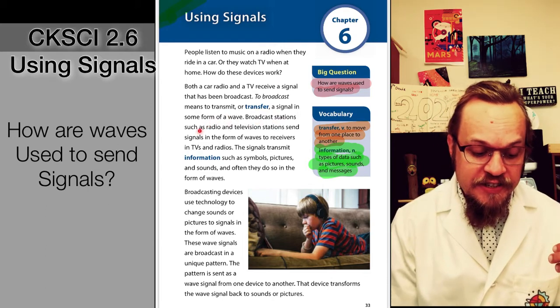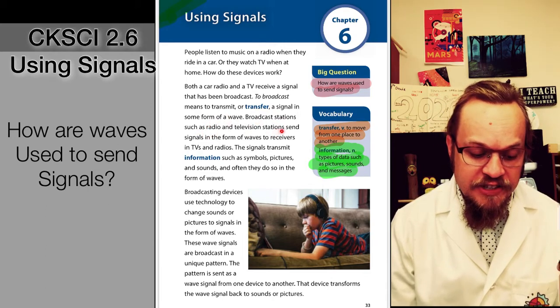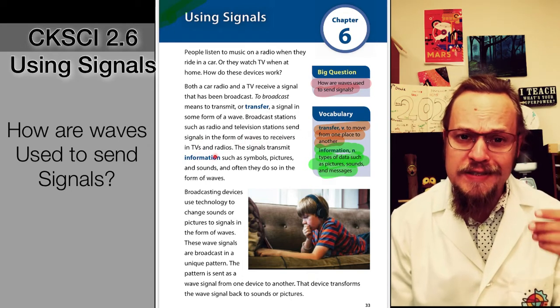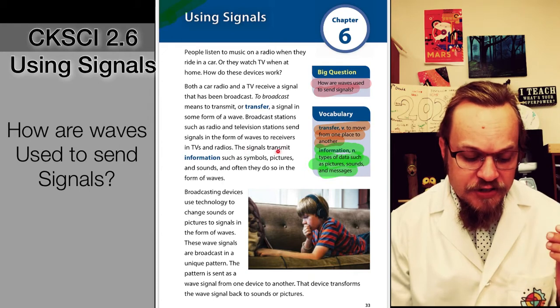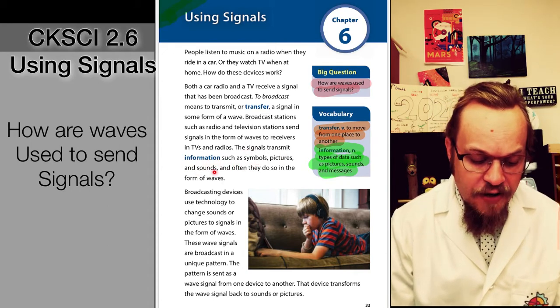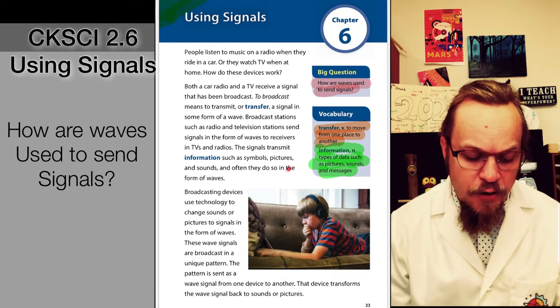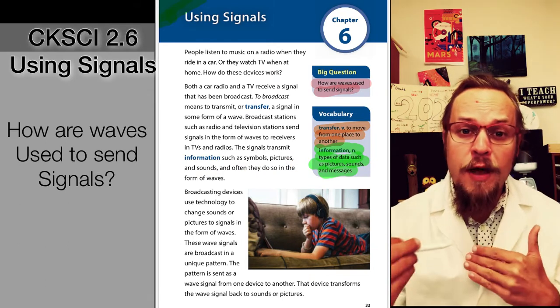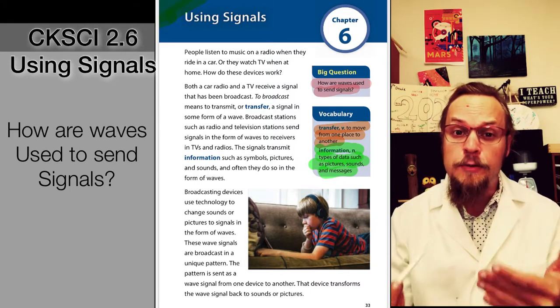Broadcast stations such as radio and television stations send signals in the form of waves to receivers in TVs and radios. The signals transmit information such as symbols, pictures, and sounds, and often they do so in the form of waves, whether they're light waves or sound waves or a combination of both.